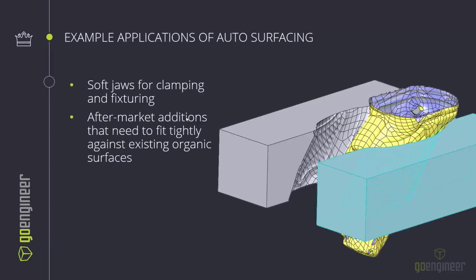So why would you want to use this option? The best example of this, of course, is anytime you want to do any sort of fixturing. This is really where this approach shines. You will often have workpieces that you need to fixture as part of your manufacturing process. And even if you have the CAD models for your part, if let's say it's a large injection molded part, the output is going to be slightly different from the CAD model due to things like shrinkage and warpage and sinks and the like.